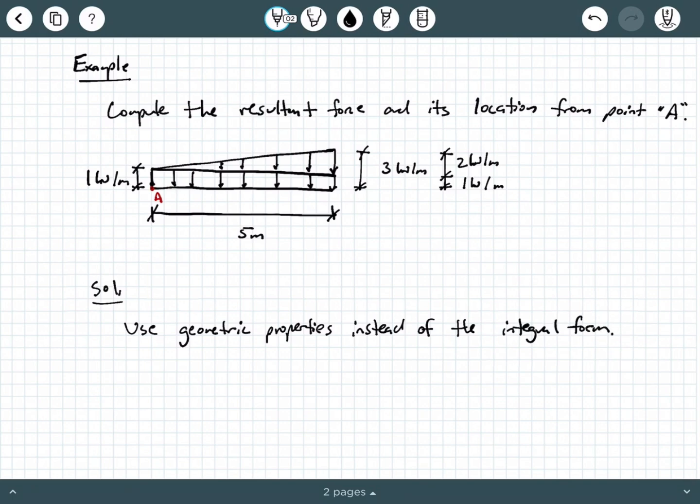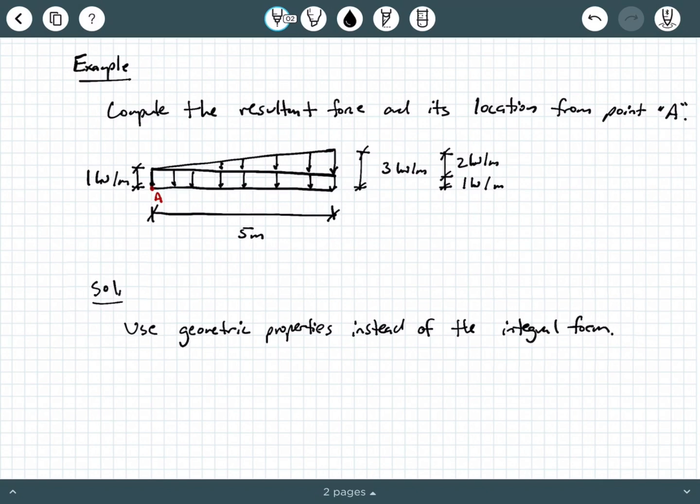And again, the reason why is when you have simple geometric shapes like rectangles and triangles, or in this case, the rectangle and the triangle collectively make a trapezoid, it's better just to use geometric properties. There's really no need to develop a function and write an equation and take the integral. The integral form is best whenever you have a distributed load that takes the shape of some kind of function, which is not what we have here.